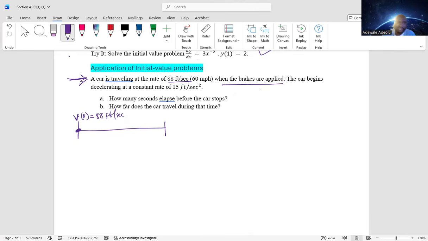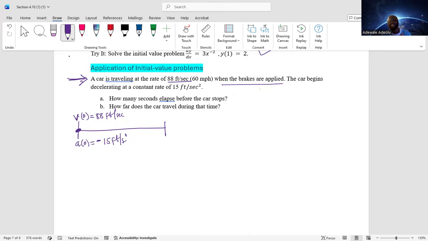So it starts to decelerate, which means I can say the deceleration here is negative 15 feet per square second. And remember that continues throughout the entire journey because it's a constant deceleration. Now, look at it.